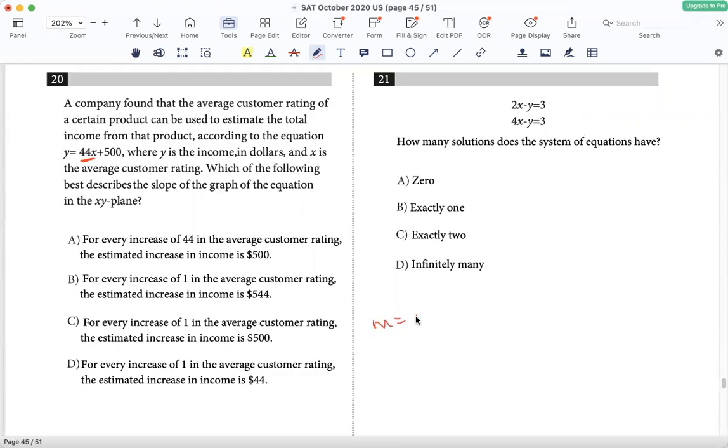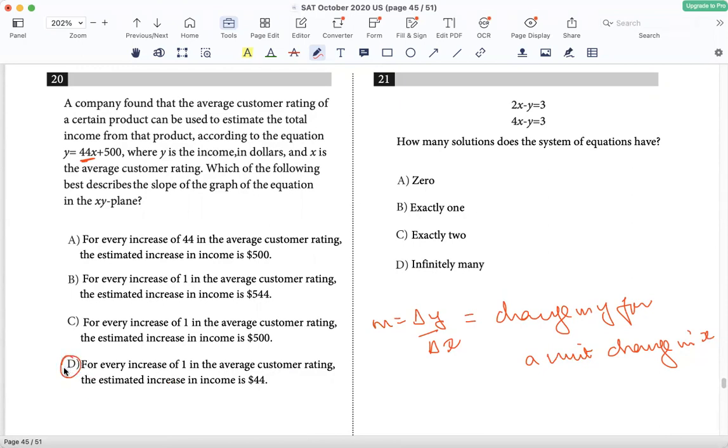Because the slope is delta y over delta x, which is the change in y for a unit change in x. So for every increase of 1 in customer rating, the estimated increase in income is $44.